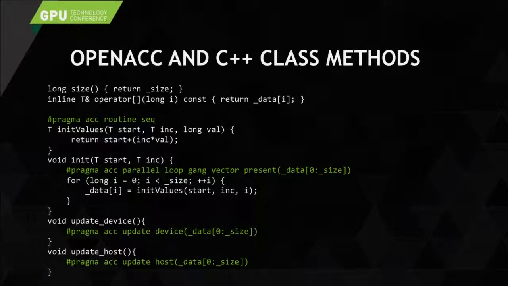I'll save the details of routine for Jeff Larkin's advanced talk. Jeff's right here. He's got a talk later on in the GTC about advanced topics, and one is routine. There are different things you can do. You can do a bind. So I could make a CUDA version of this routine, whatever it is, and on the host you call my version of it that's in the class.